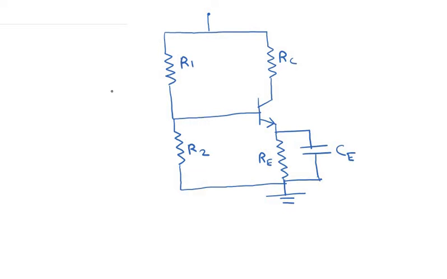Okay, so that is why this capacitor CE is put here, and the signal is provided into the base of this transistor through a capacitor.